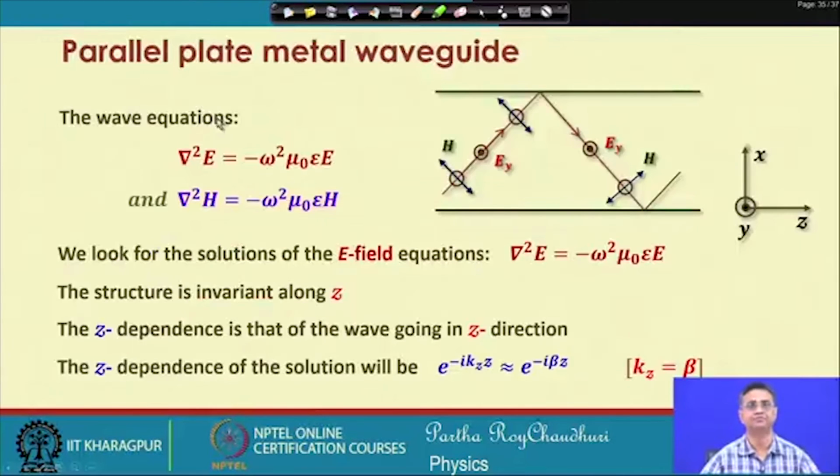So, we will again refer to our configuration, which is a very useful and nice way of understanding the modes in the structure. You have a possibility that the electric field is tangential to the interface, whereas the magnetic field has components lying in the xz plane, which will constitute a TE mode.